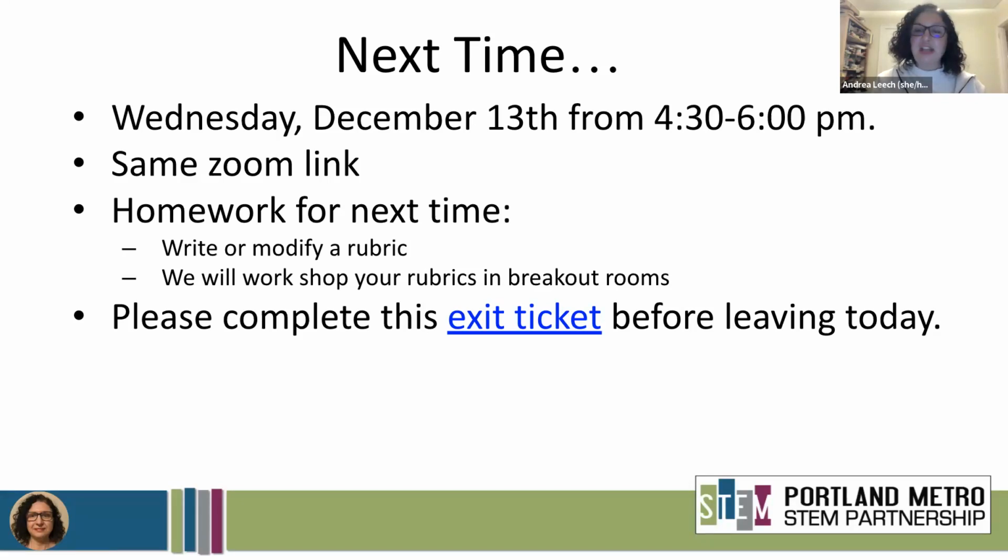You get a chance to practice that with your own rubrics and get feedback on what is the right amount, because that seems to be the sticking point for everybody. How do I make sure it's there? So that's what the homework is.